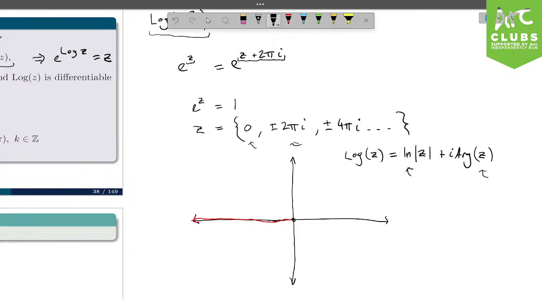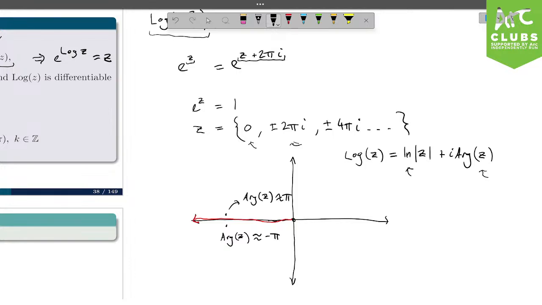And that's because that negative real axis is where the arg function jumps from a negative value to a positive value. A point here is going to have an argument very close to pi, but a point here is going to have an argument very close to negative pi.